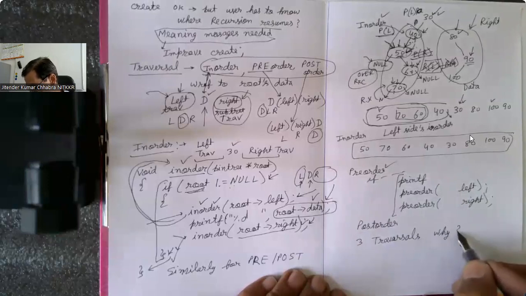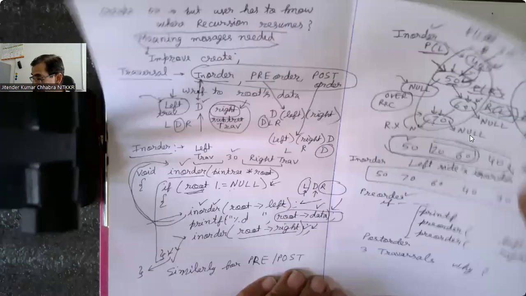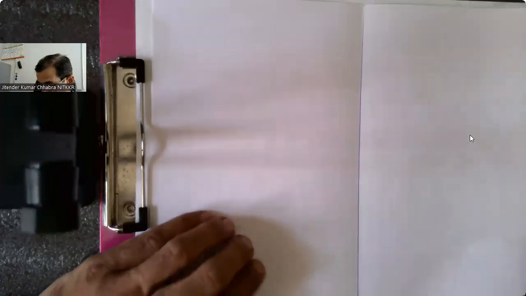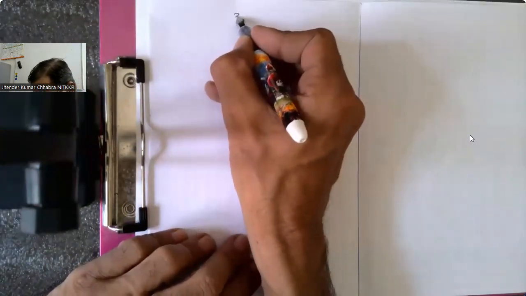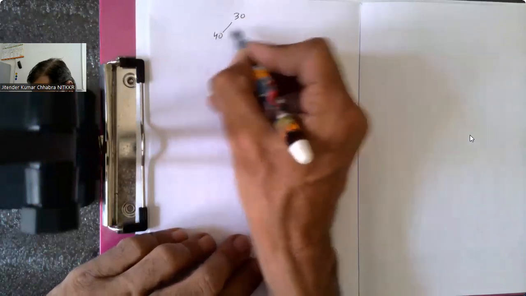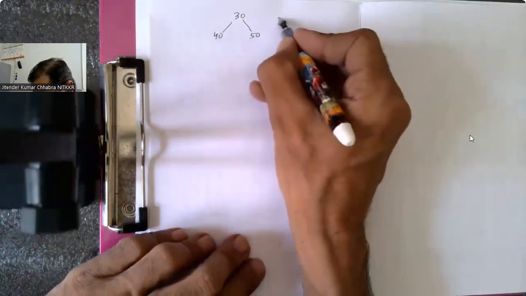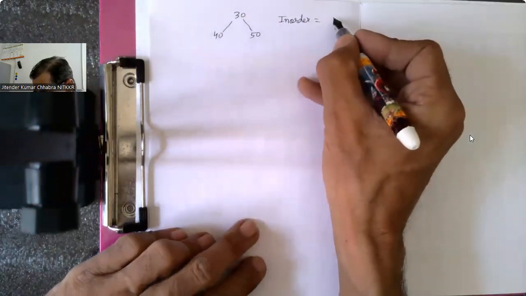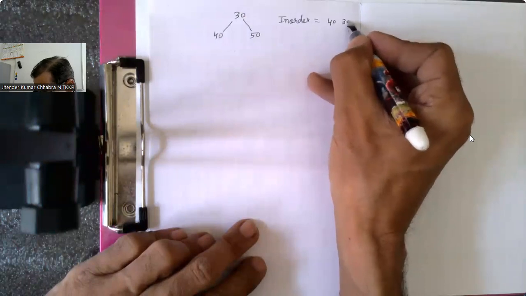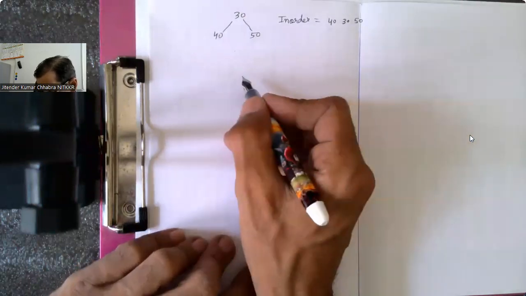For example, there can be 2 different binary trees which will have the same in-order traversal. How? Let's have a look. Let's say I have some data 30, 40, 50. In-order means what? In-order means 40, 30, and 50. Perfect.